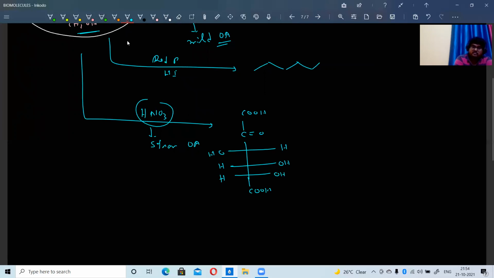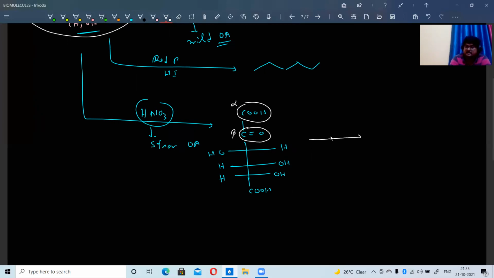Now look, if you write this down, this is the acid group, and after that the carbonyl group, which is just below the acid group. If this one is alpha, this one is beta, so we can say this is a beta keto acid.